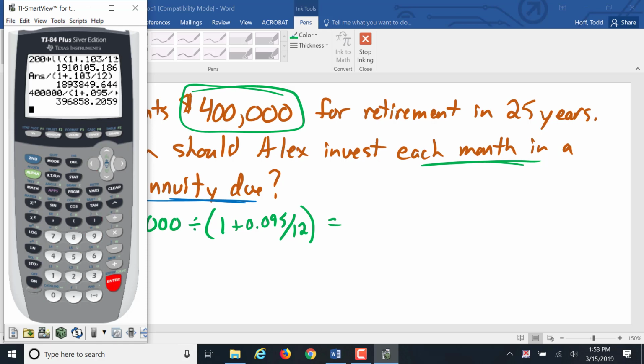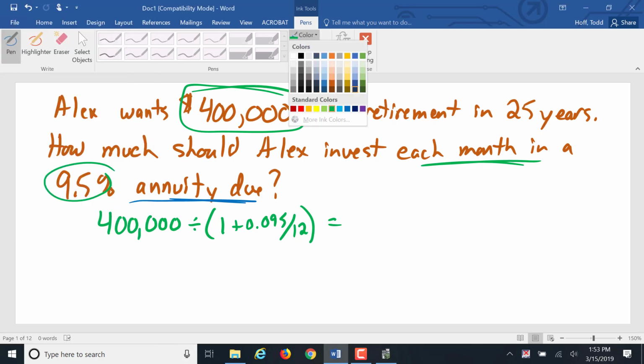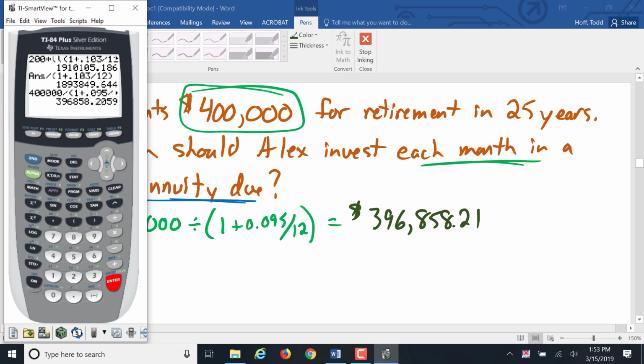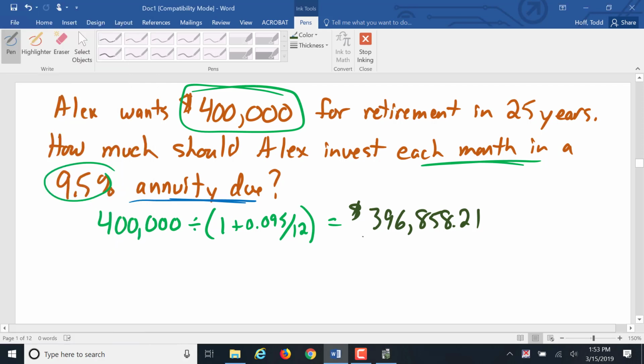Giving us $396,858.21. So there's that about $3,150 interest that's earned in that last month. We have to take it back out. This is the number that we're going to use as the future value calculation because we're going to use the same formula we used for an ordinary annuity.